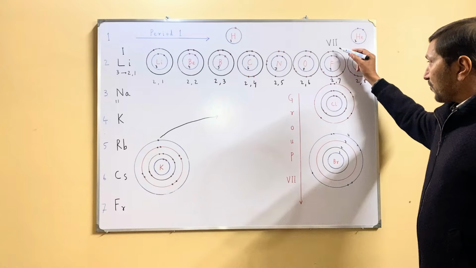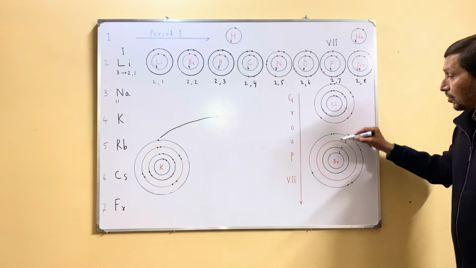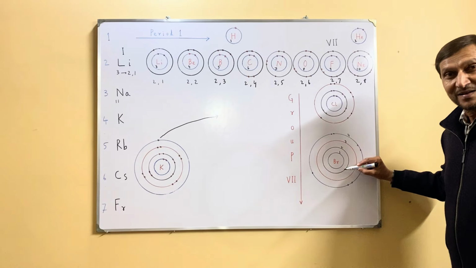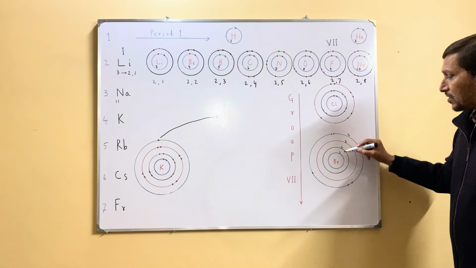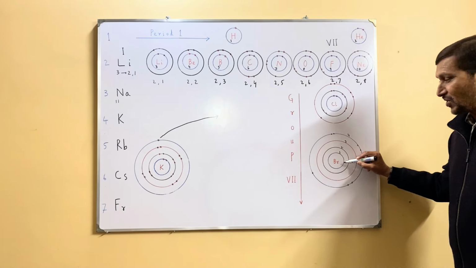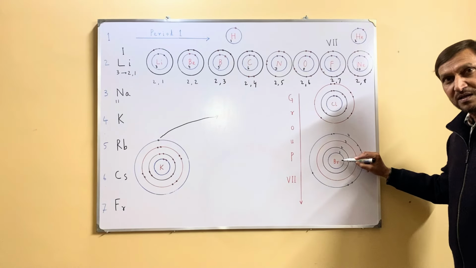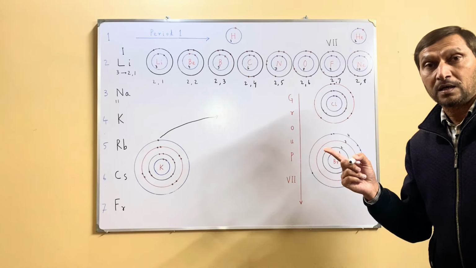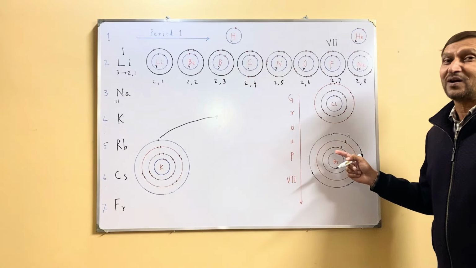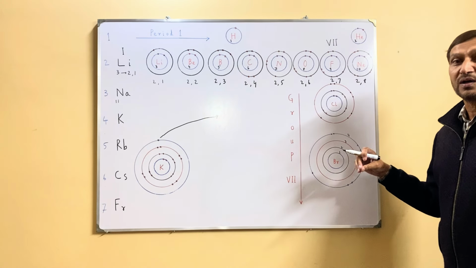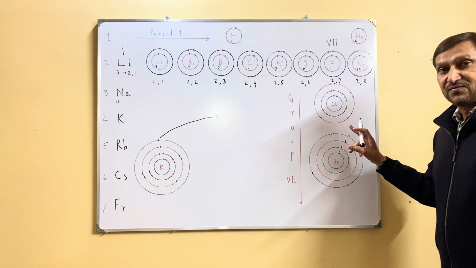While we are moving down the group in non-metals, the phenomenon is the same, the atomic radius is increasing because of the addition of the orbits, but the impact is different, because we know that non-metals gain the electron, and then they get a negative charge.